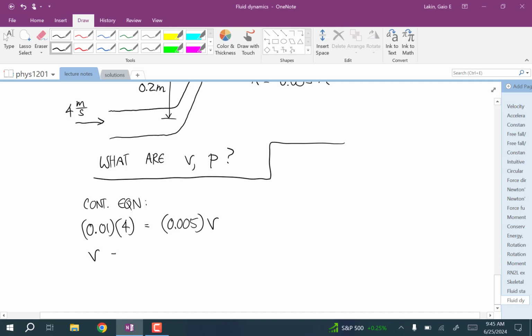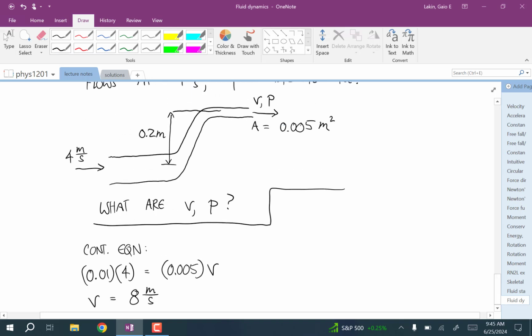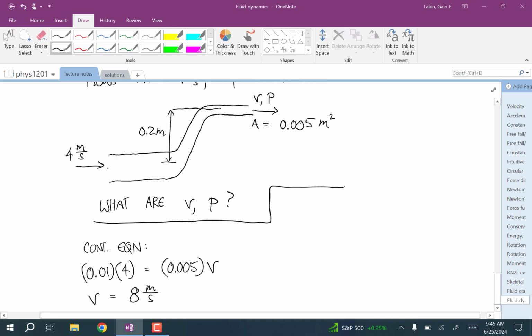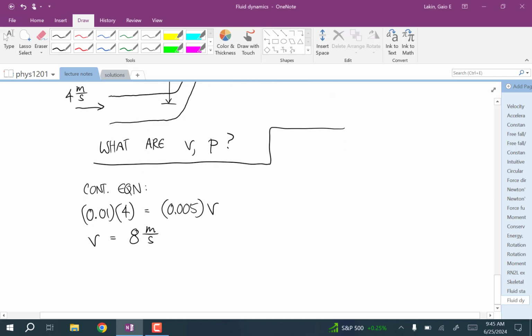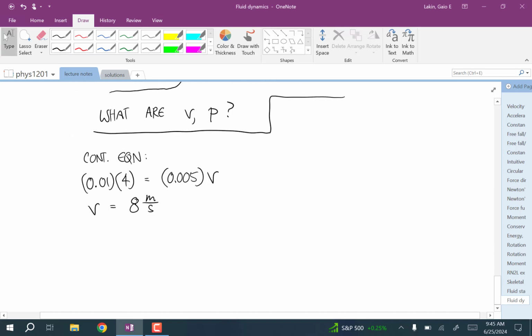Now solve for V, and you get that V has to be 8 meters per second. Okay, that has to be true. There's no other way for this fluid to move. And so now that we have that speed, we can use that in the Bernoulli equation.